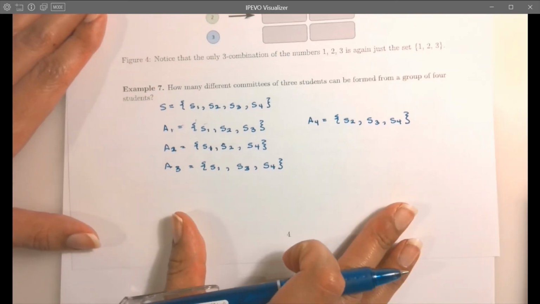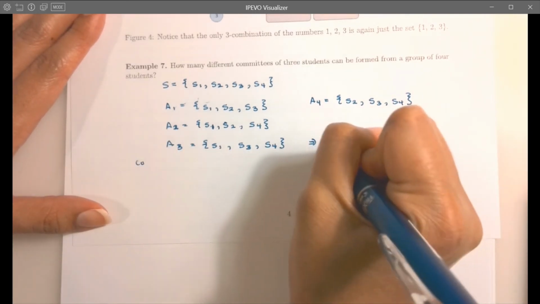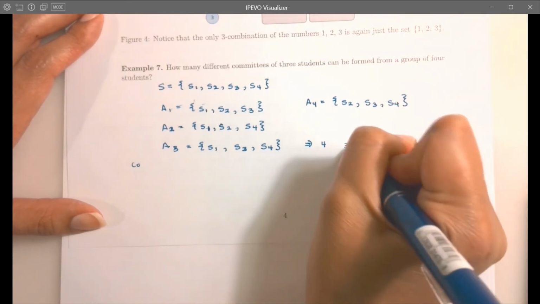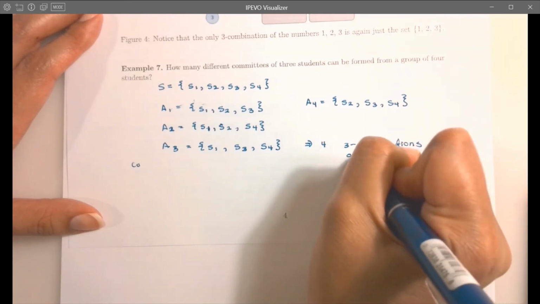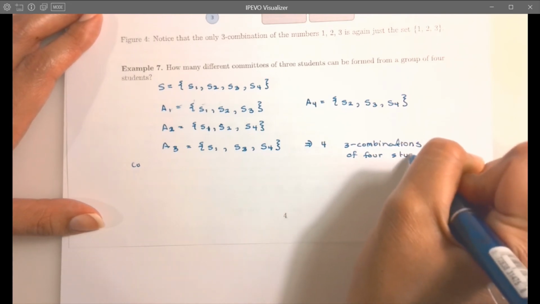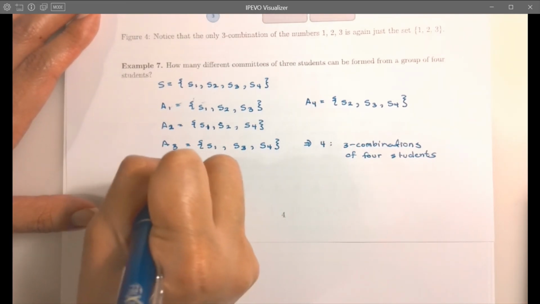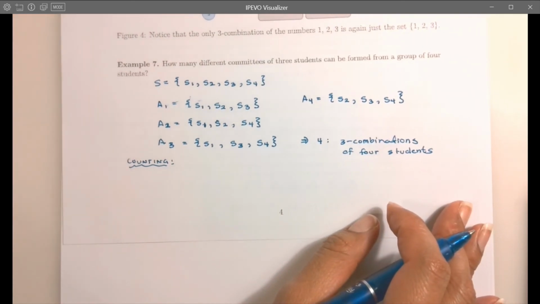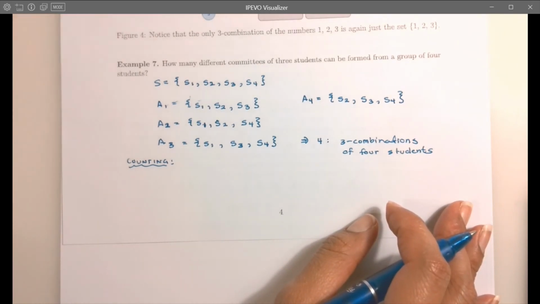And so one thing that I would like you to notice is in regards to counting. Let me just write the final answer to this. There are 4 different 3 combinations of 4 students. But just in terms of counting, because listing all these elements would get tedious if the set were any bigger, let's think about how we can come up with a formula for these R combinations.